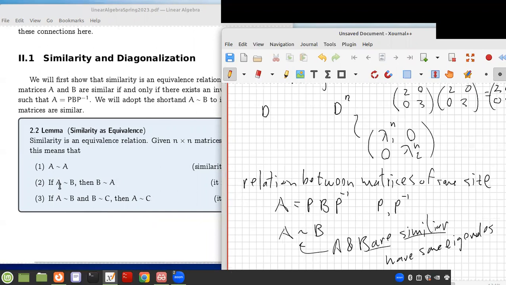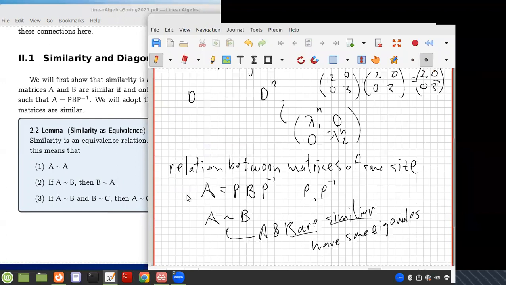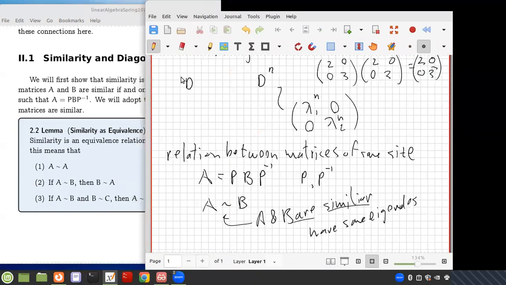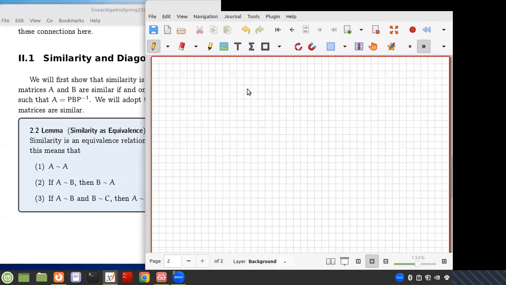If A is similar to B, then B is similar to A; you can multiply both sides by P inverse, and then on the right by P, and you find that B equals something like A. And if A is similar to B, and B is similar to C, then A is similar to C. It's useful to see why that's the case, so you can see it in a simple situation here.